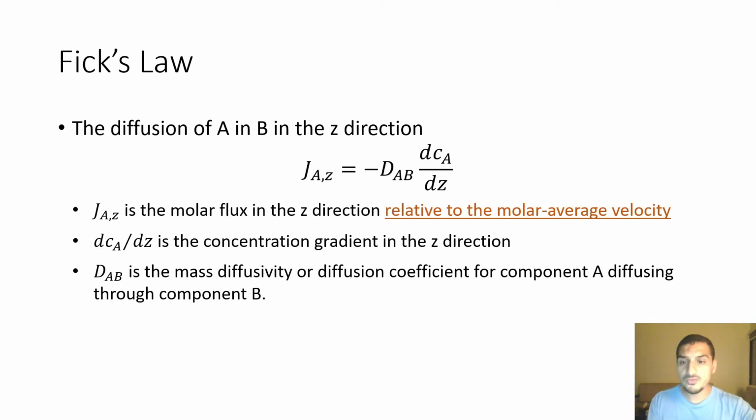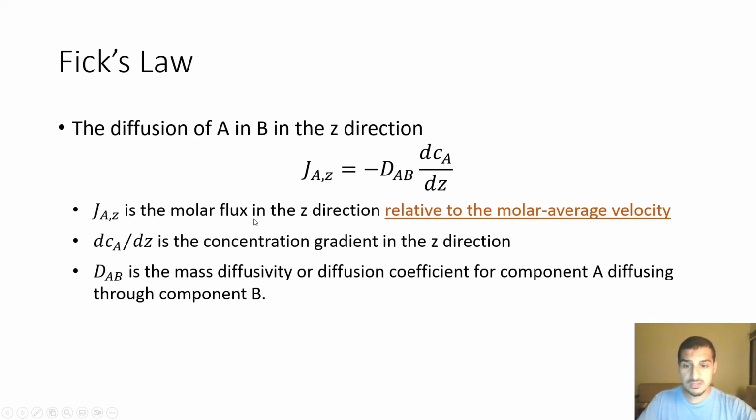Again, if we have diffusion only in one direction, so it's not changing in the x and y directions, only in the z direction, then this is going to be dc by dz. J is the molar flux, and we mentioned earlier that if J is uppercase, it's molar, and if it's lowercase, it's mass.